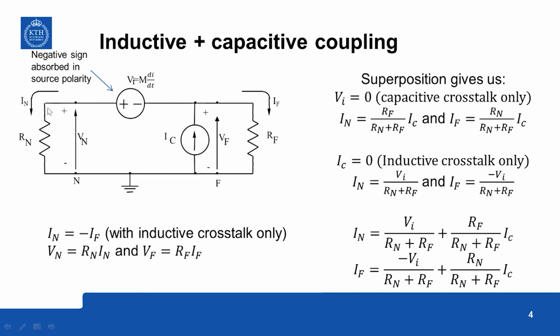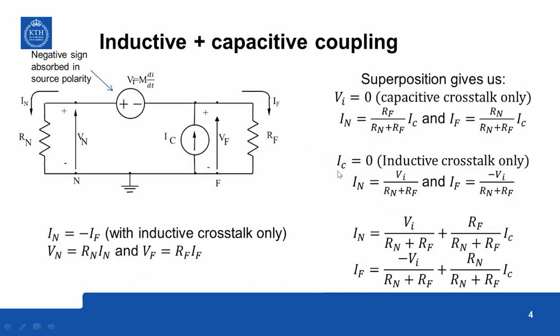Then in that case IC is shared between this and this, so In will be Rf by Rn plus Rf times IC, from circuit analysis, and this is for If. So you have different currents split, but then in terms of voltage, it will be multiplied by Rn, and here it will be multiplied by Rf, that we will see in the next slide.